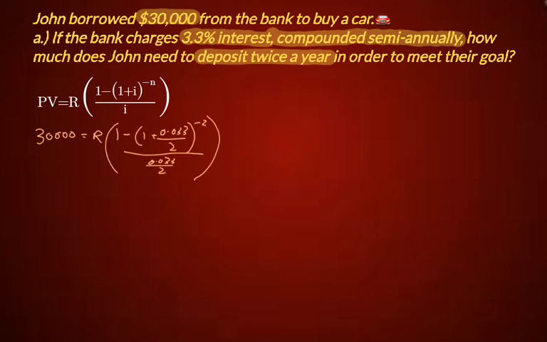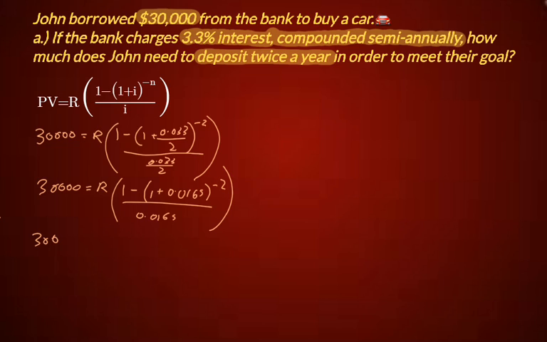So 30,000 equals R times 1 minus 1 plus 0.0165 raised to negative 2 divided by 0.0165.